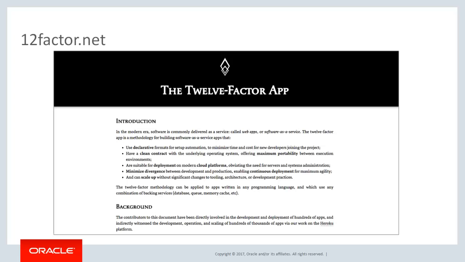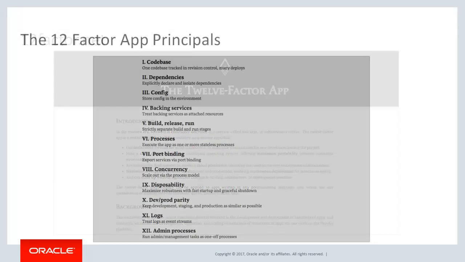The roots go back to Adam Wiggins and other folks from Heroku as a result of their experiences working on that platform itself. By the platform, I mean Heroku itself, right?